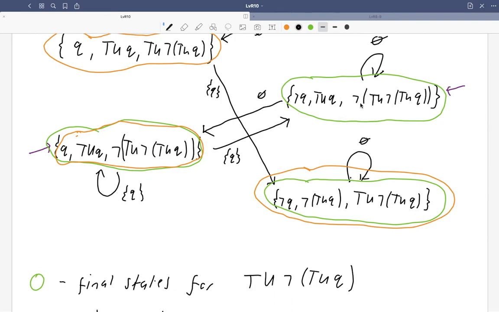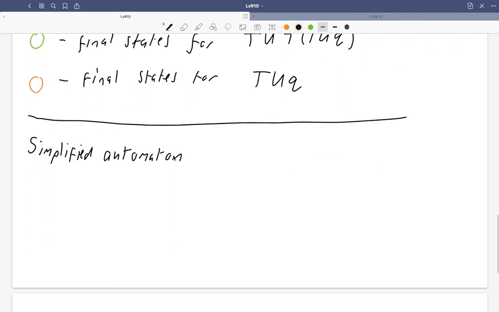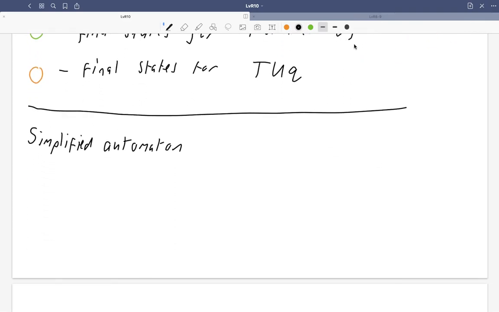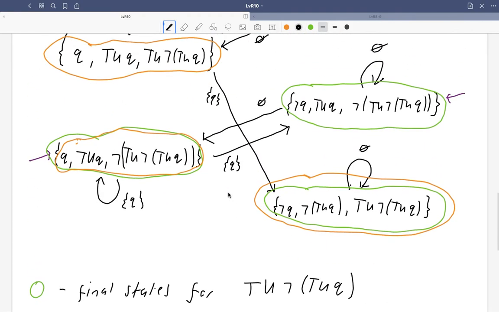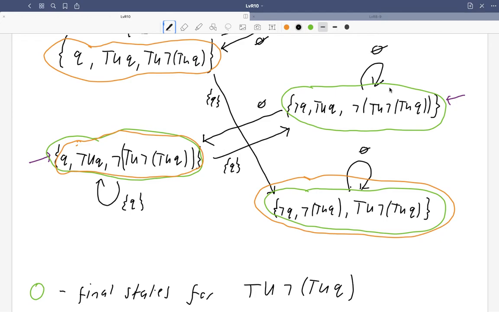I'm going to call them Q0 and Q1, just to avoid writing the whole sets out, because it doesn't matter what you call the states. So let's put Q0 on this side, and Q1. This is Q0 here. It's got an empty set transition to itself.